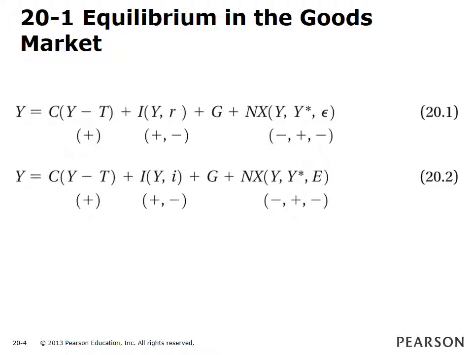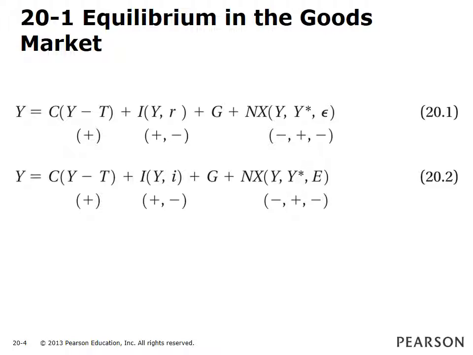Equation 20.2 is derived from equation 20.1 by making two simplifying assumptions. In the ISLM model, the domestic price level is considered fixed. The same assumption is made for the foreign price level. This makes the real exchange rate epsilon and the nominal exchange rate E move together.